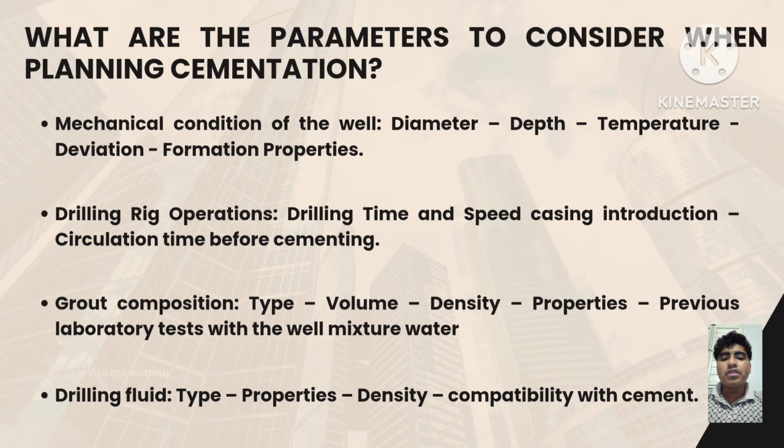As the next point, what are the parameters to consider when planning cementing? One, mechanical condition of the well: diameter, depth, temperature, deviation, formation phases, drilling key operations, drilling time and speed, casing introduction, and circulation time before cementing.